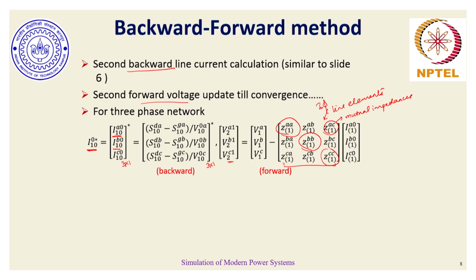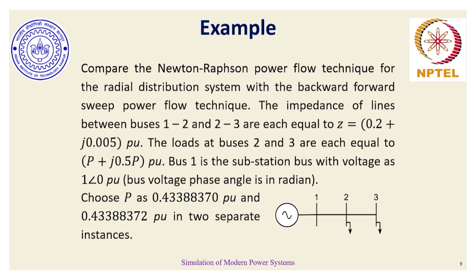Hence, the voltage update at bus number 2 for phase A is also dependent on the current in line 1 in phase B as well as the current in phase C of line 1, along with the current in phase A of line 1. So essentially, every single equation in single phase becomes three equations in the three-phase network.